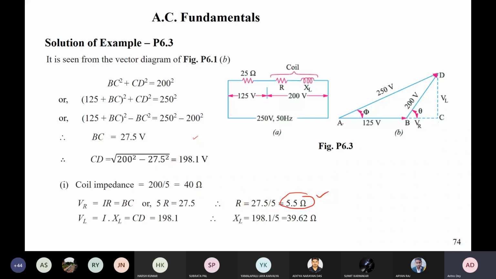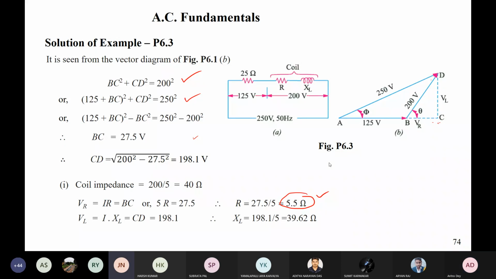This is one equation: BC square plus CD square equal to 200 square. And 125 plus BC into CD square equal to this. So they have done the same thing. They got BC, and if it is divided by 5, then we'll get R. So it is done in the same way, just instead of writing IR and all those things, they have named it and then solved it.